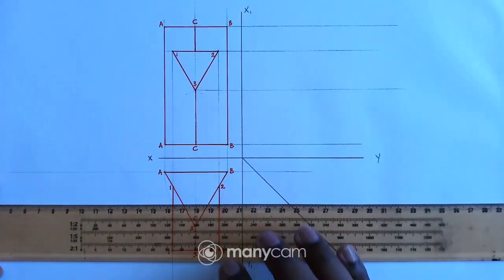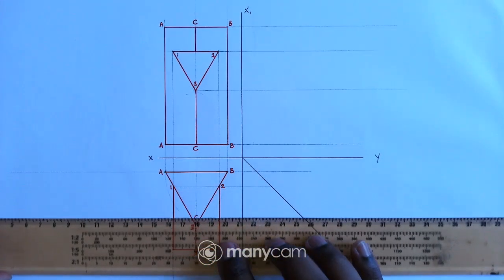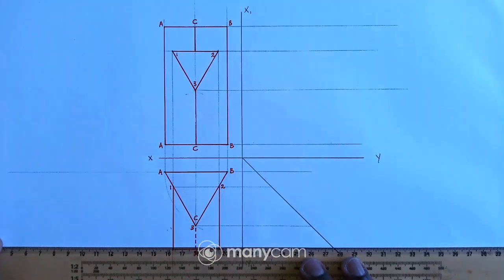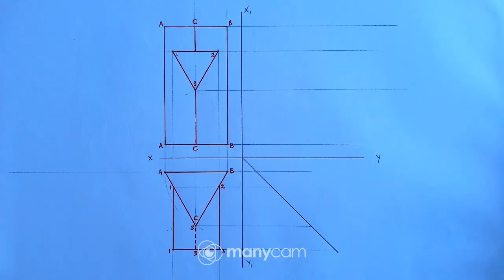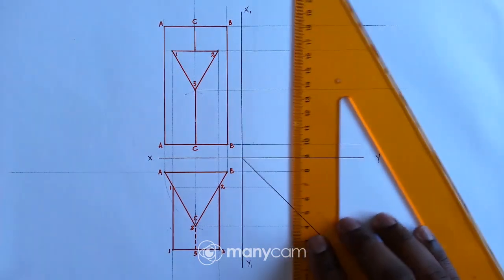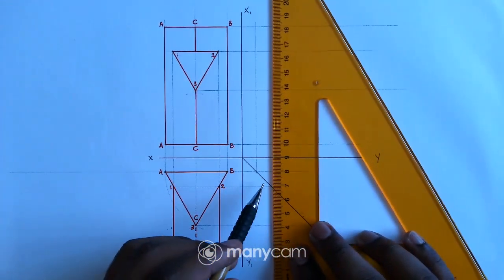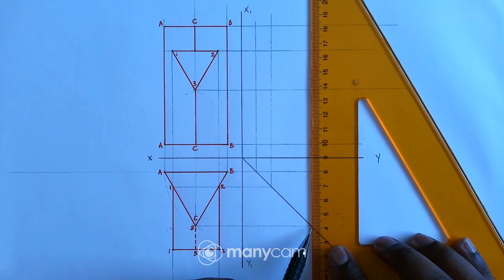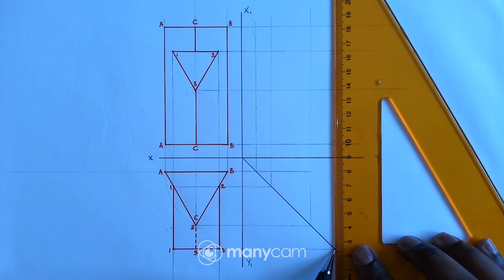And the points from our top view, and then project them up, just like that.